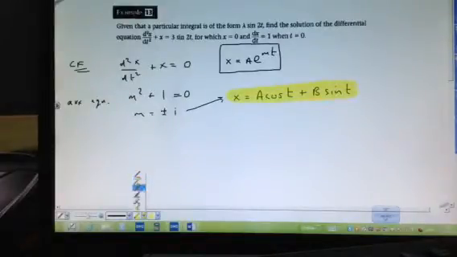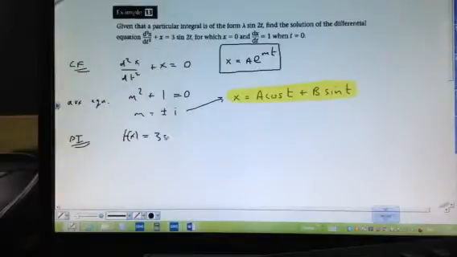Right, now we're going to find the particular integral, but we're told to try for the function of x equaling 3 sin 2t. It says try y is equal to lambda sine 2t. I do know that if you try plus mu cos 2t, that would disappear and have no effect.